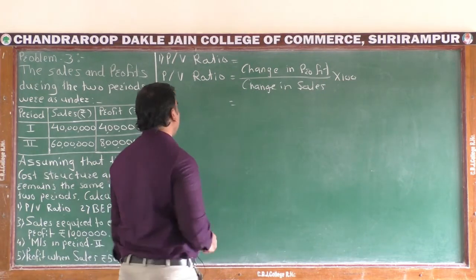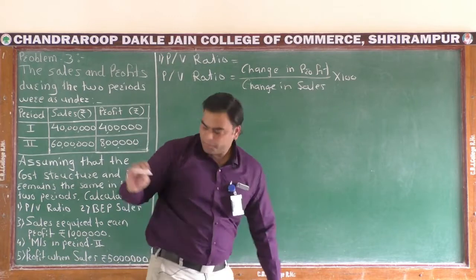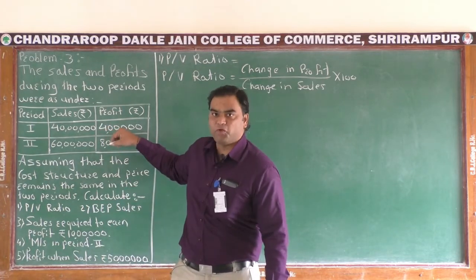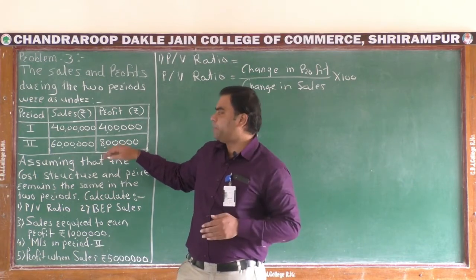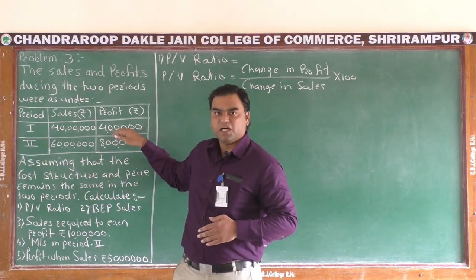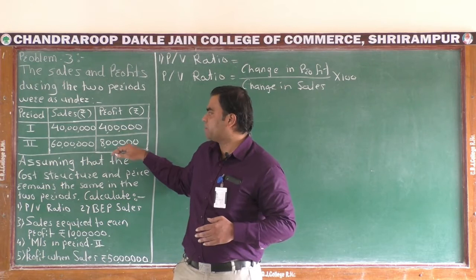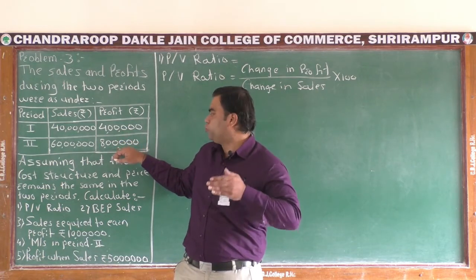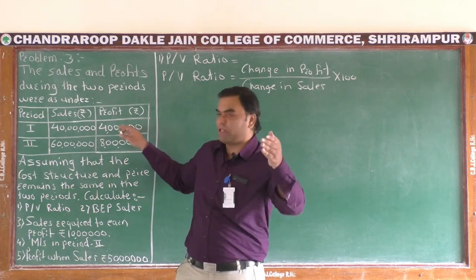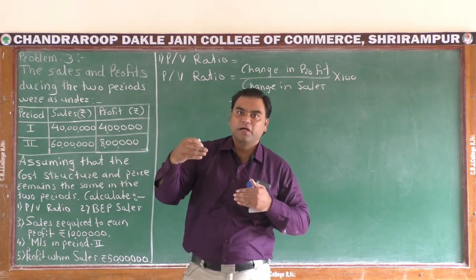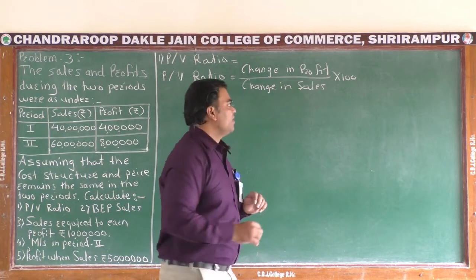So change in profit. Previously profit was 4 lakh. It is increased to 8 lakh. In period 1, profit was 4 lakh. In period second, the profit was increased to 8 lakh. Means profit is increased by 4 lakh. 4 lakh to 8 lakh. It is increased by 4 lakh.